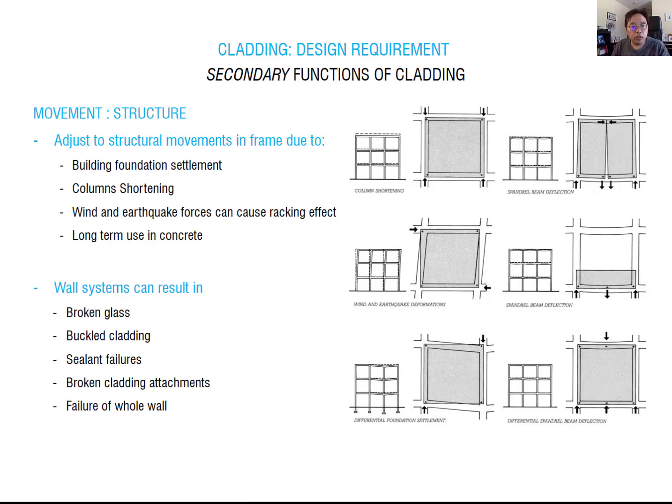So when movement keeps happening, you can see broken glass, buckled cladding, and sealant failure, because the gap between the glass and the structure keeps getting wider and makes a bigger opening, and then broken cladding and attachment failure of the whole wall.